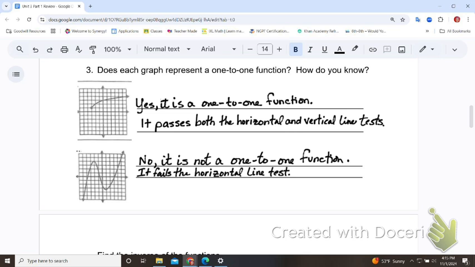If you also want to tell me that it passes the vertical line test, okay, but since you're saying no, we need to tell why it's a no. It fails the horizontal line test. All right, page 1 is done.